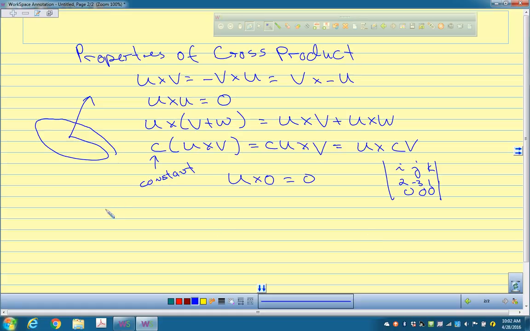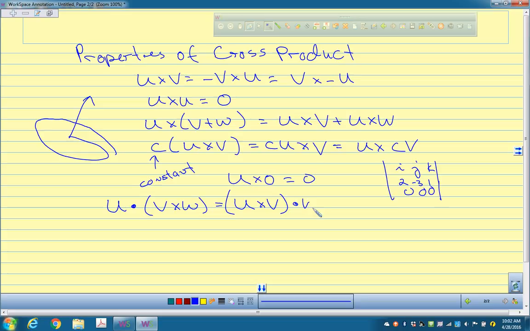Next property is U dot (V cross W) is equal to (U cross V) dot W. What does that mean?